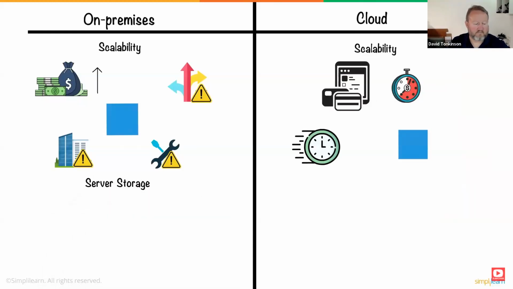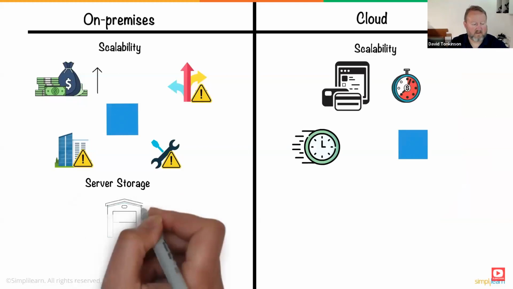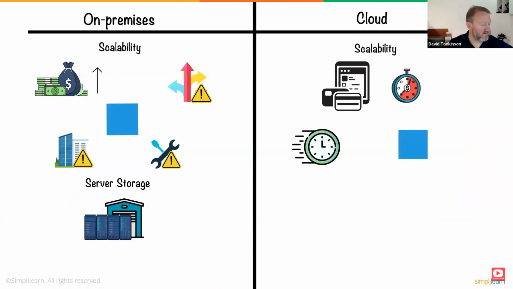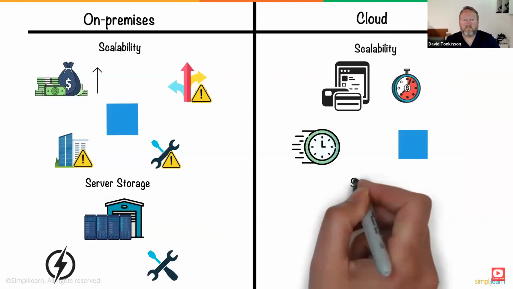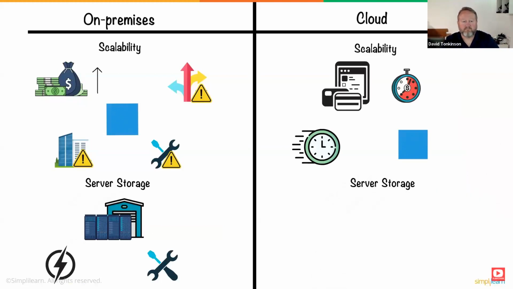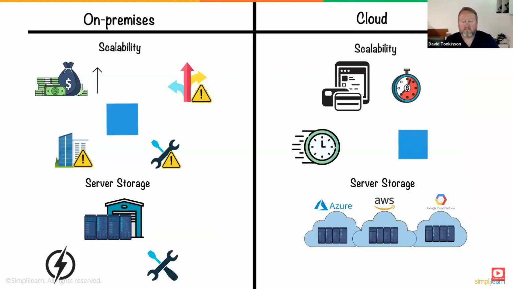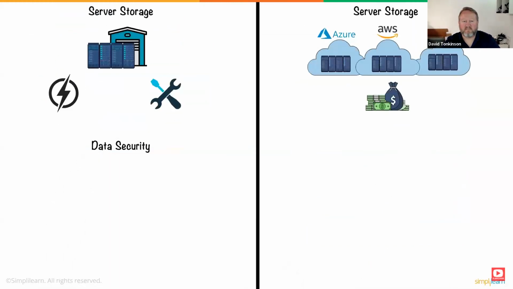Next, let's talk about server storage. On-premise systems need a lot of space for their servers, notwithstanding the power and maintenance hassles that come with them. On the other hand, cloud computing solutions are offered by cloud service providers who manage and maintain the servers, saving you both money and space. Then we have data security.